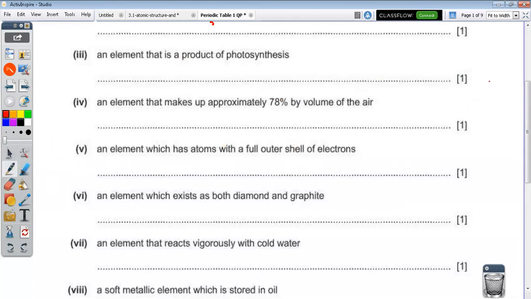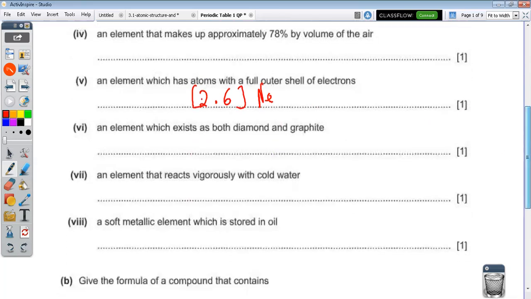Now, an element that has atoms which are full in its shells. Full in its shells means neon. Neon will be 2, 8, complete. Clear? Your neon there should be Ne if I'm correct.